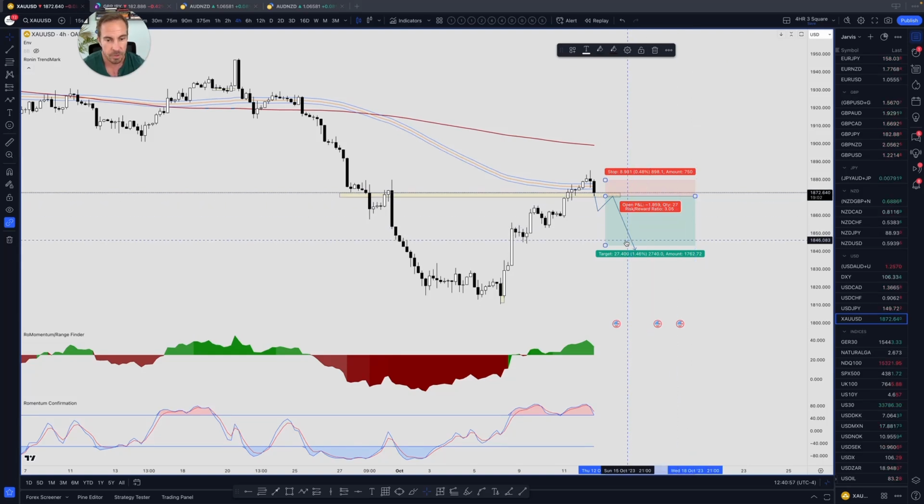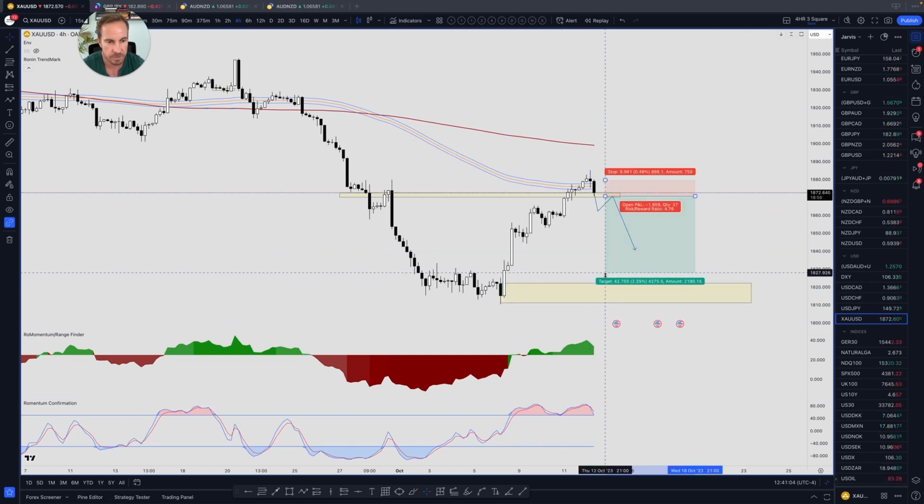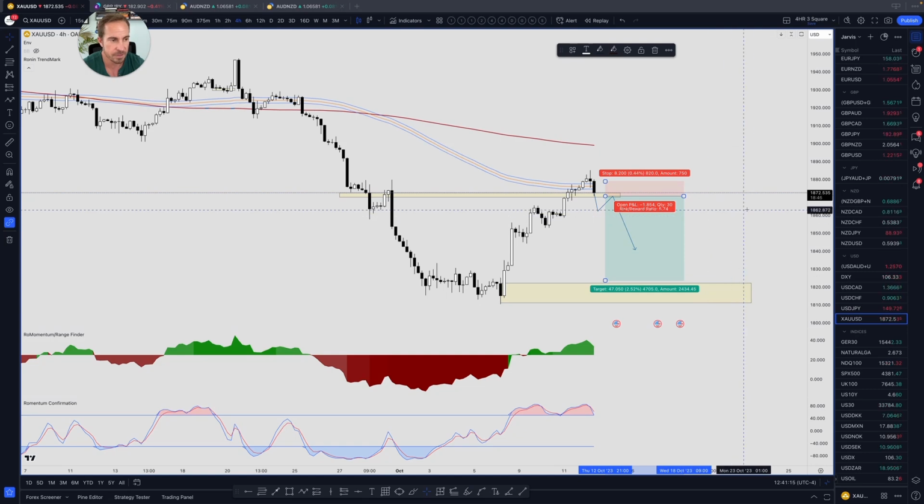But look at these key levels down here that we have on gold, which could serve as a target, which would ultimately be some huge risk to reward possibility. So if that dollar strength is going to continue, this is going to be a great call.